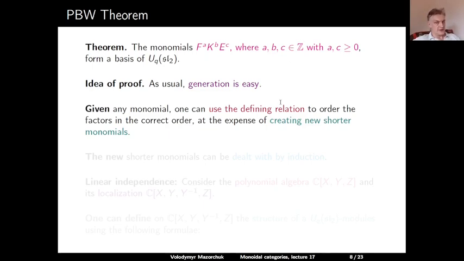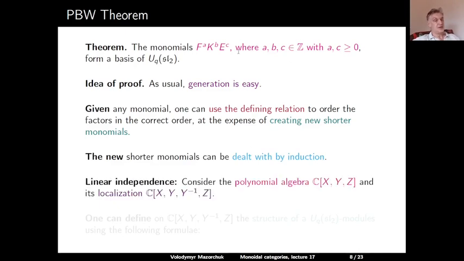And so we can rearrange this order such that we always get to an order which looks like this one. The expense, when we rearrange the factors, we will get monomials of shorter lengths, and this we can deal with by induction.